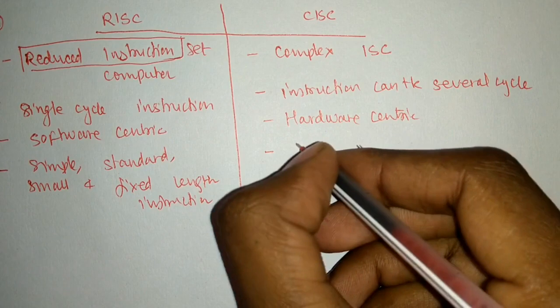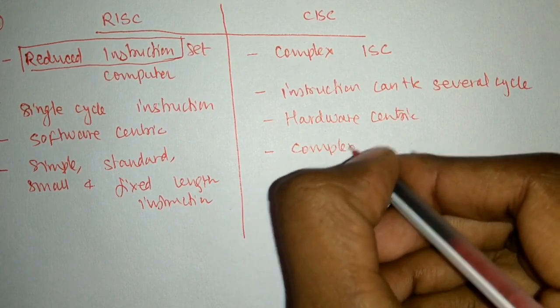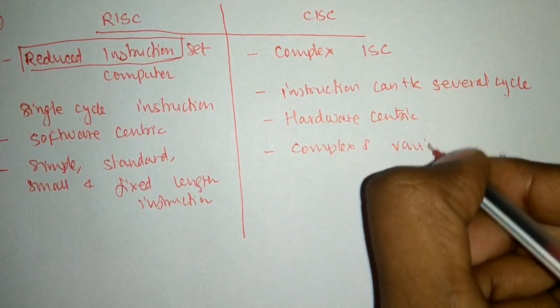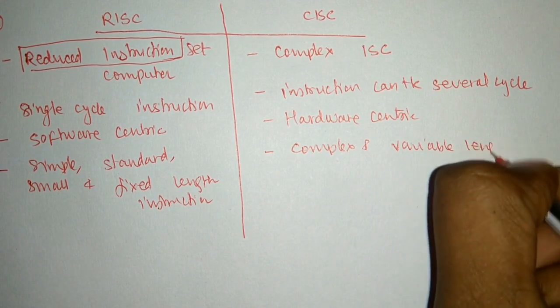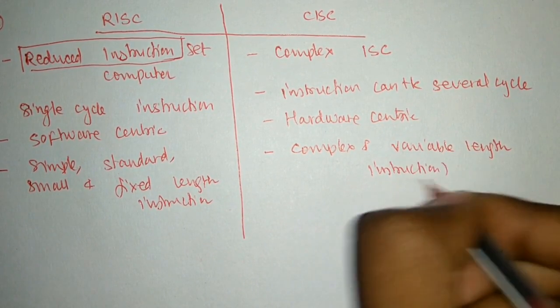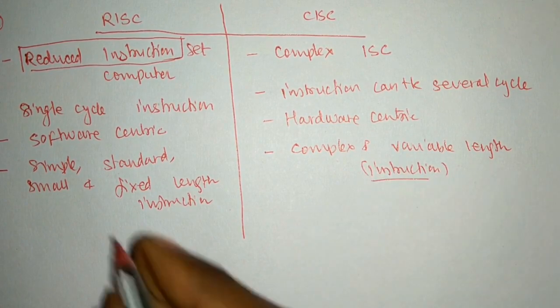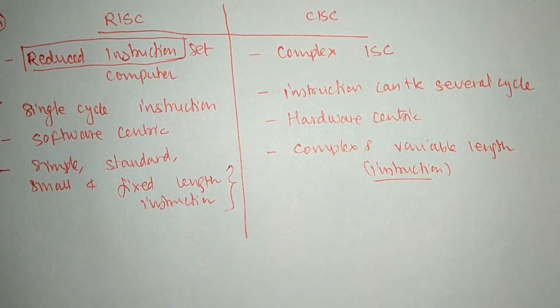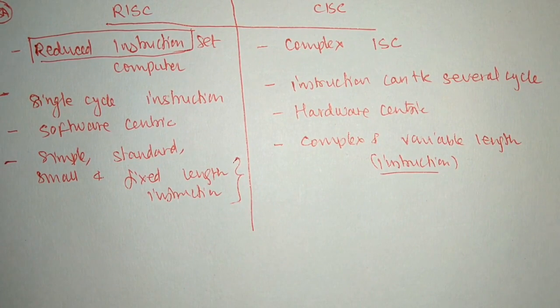When all the instructions are of the same length or similar type, it is a little easier and a little faster to execute them. So these are the basic differences between RISC and CISC.